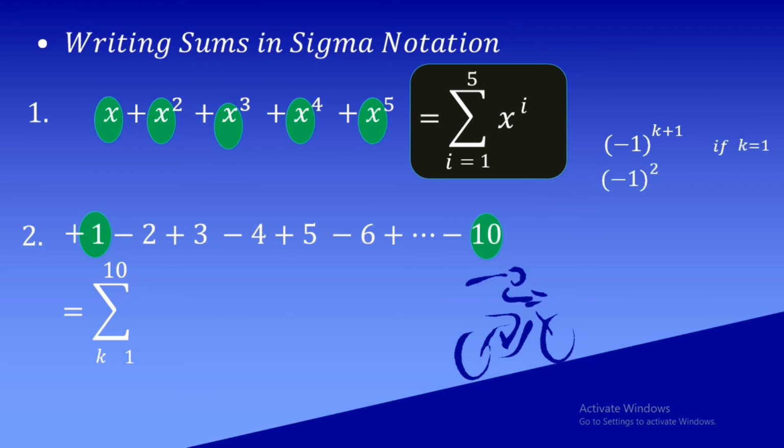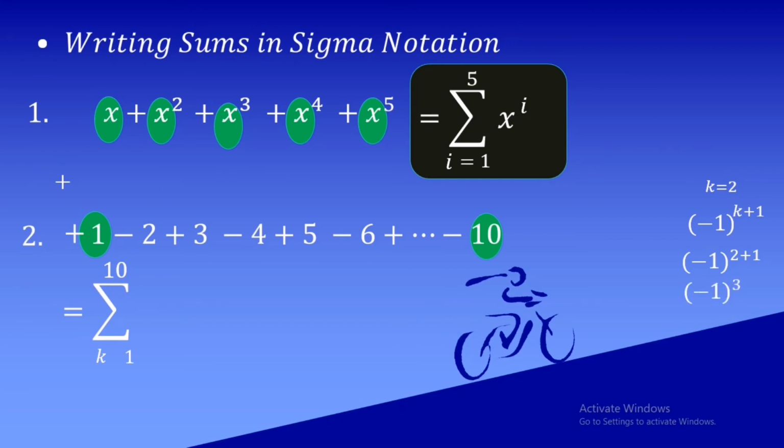If k is equal to 1, that is 1 plus 1, that's 2. Negative 1 times negative 1 is positive. So positive. If k is 2, negative 1 raised to k plus 1, then 2 plus 1 is negative 1 raised to 3. This is equivalent to negative. So that is our second term. That is the rule for a sequence of alternating signs, positive and negative.